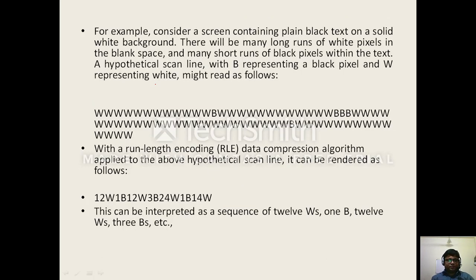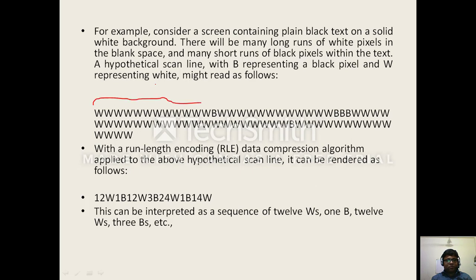For example, here we have data with so many times W followed by B, so many times W followed by B, so many times W followed by B, so many times W. Okay. So we can encode this as follows. Count the number of W's, 12, starting from here to here, 12.